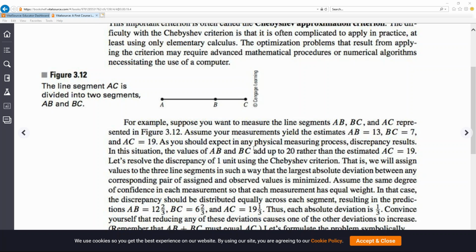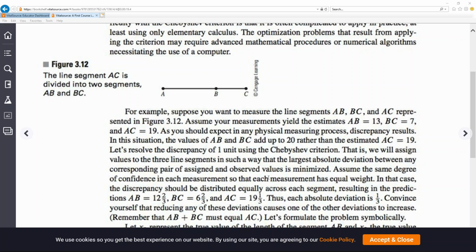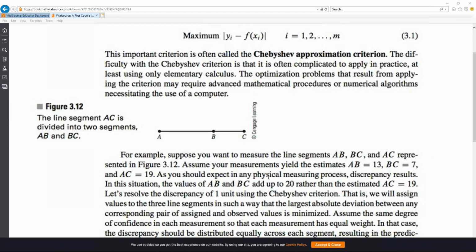Okay, so here it is. I think you should be able to see my screen. Let me zoom in a little bit more.